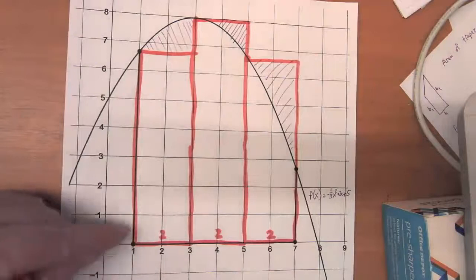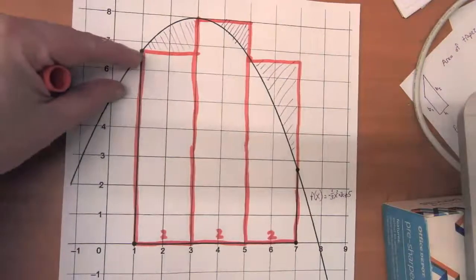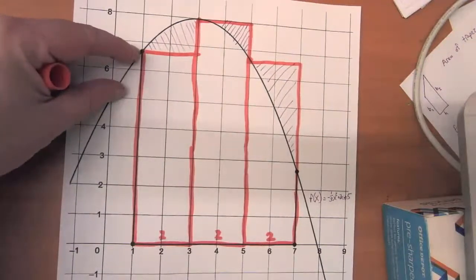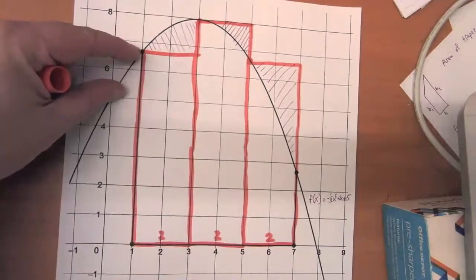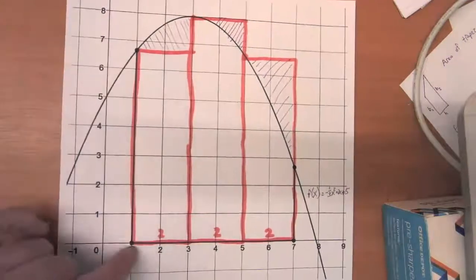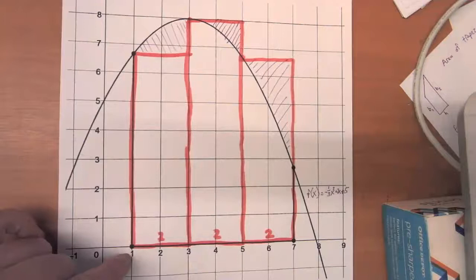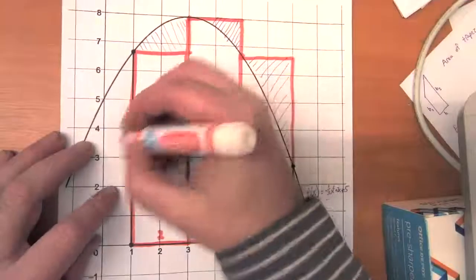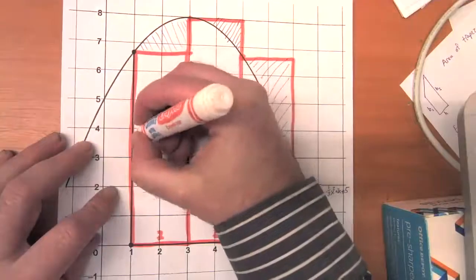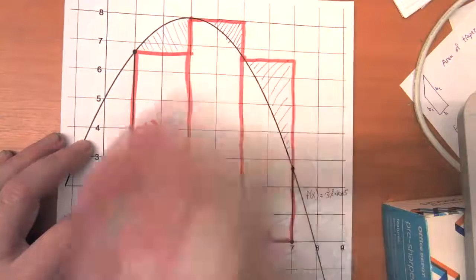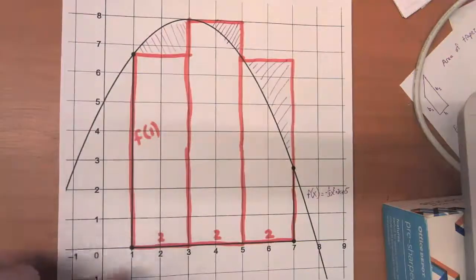Okay, so for instance, the height of this rectangle, since the upper left-hand corner is meeting the curve, and the x value at that point is 1, I could say that the height of this first rectangle is f of 1. Do you see how this is?